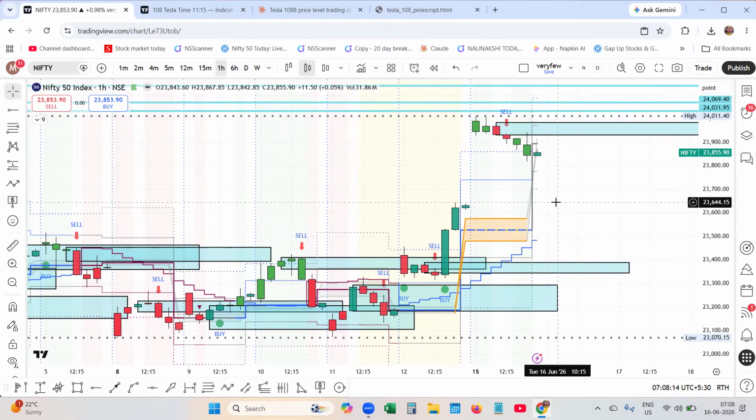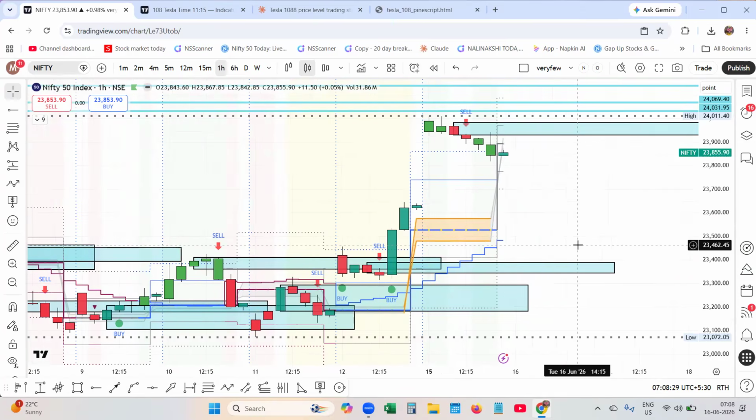NALINI precision will give you price balance, which is very, very important. It takes the rolling pivots, rolls along with the price, and presents you the balance as and when balance happens.